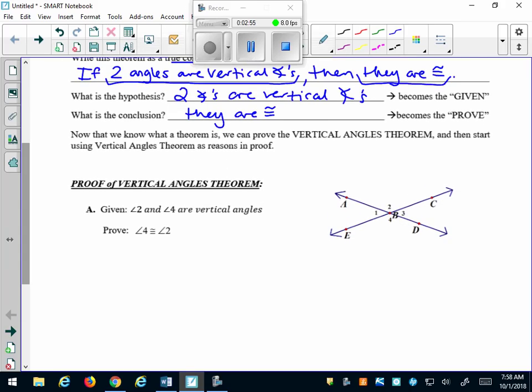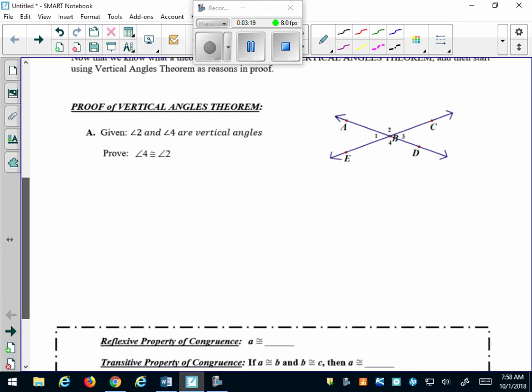The hypothesis, when we're proving this theorem, becomes the given. And the conclusion becomes the prove. So this is the proof that we're going to write right now, the proof of the vertical angles theorem. That's why it's a theorem, because we can write out a formal proof of it.